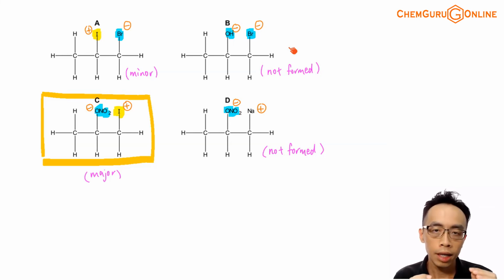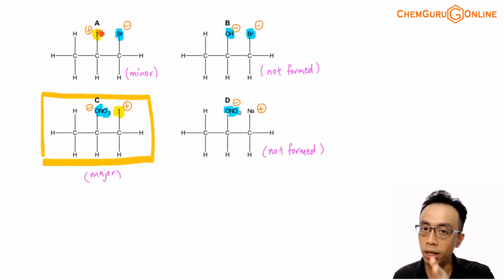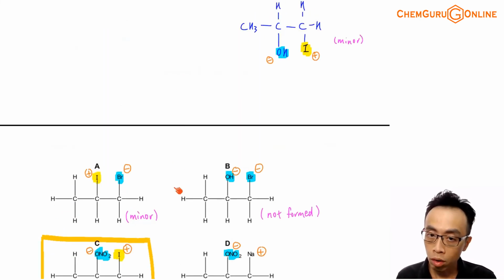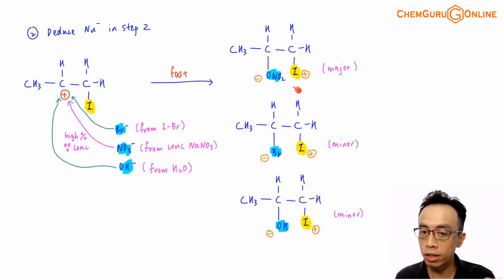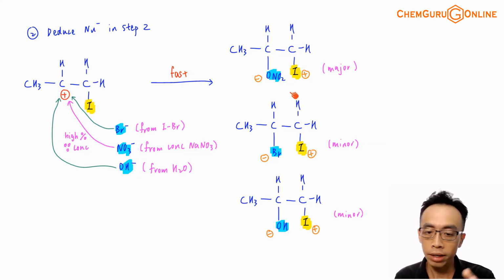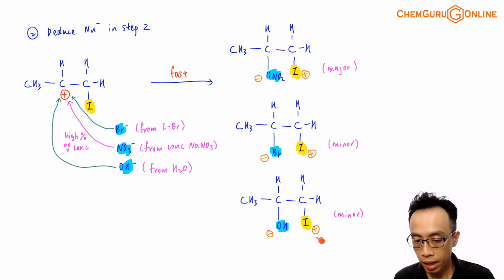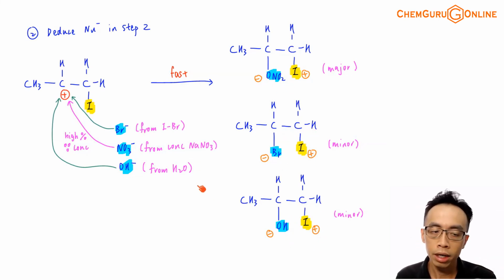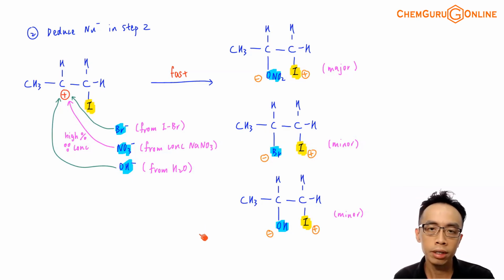The two groups that I'm adding to the alkene must be a plus and a minus. So you notice A is a plus and a minus, C is a plus and a minus. Then all these products that we've deduced previously are all plus and minus. Iodine is a plus, NO3 is a minus, iodine is a plus, Br is a minus, iodine is a plus, OH is a minus.